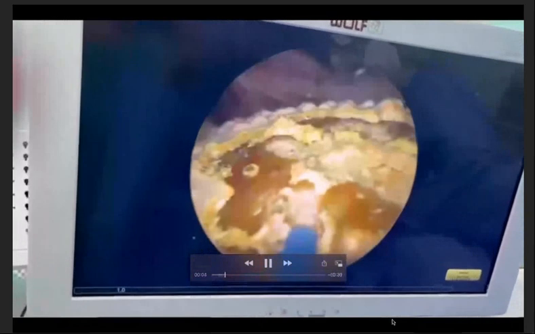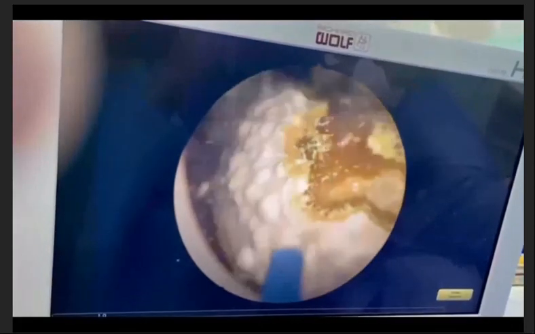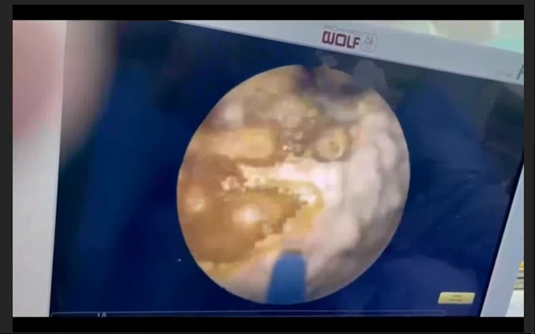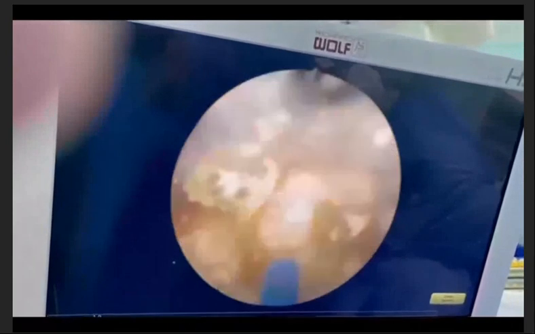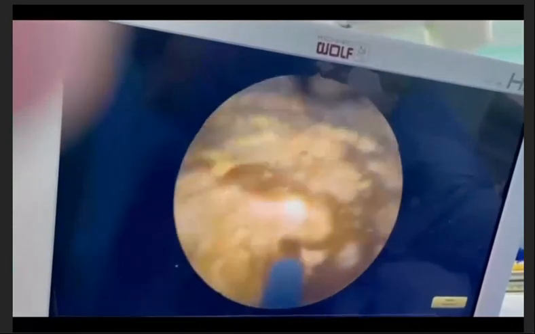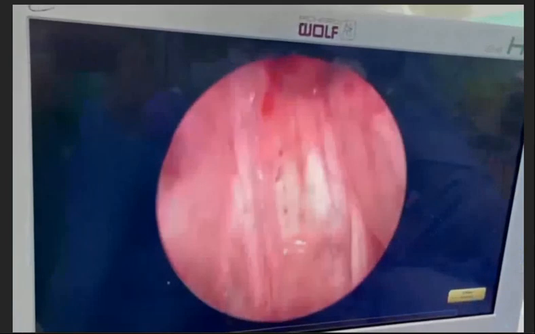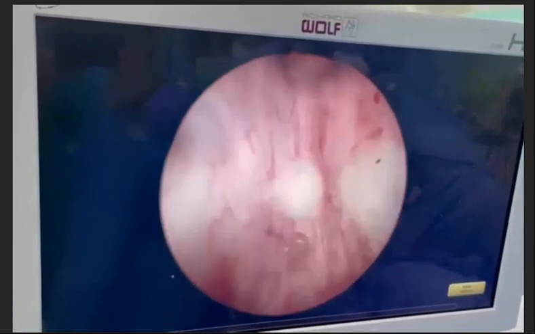Sometimes there is an outer core of a different color from the inside core. These stones can be either calcium oxalate or uric acid stones. This stone measures around 2 to 3 centimeters. So if the patient has a stone in the bladder, it means he has obstruction from the prostate, so you also have to remove the prostate.